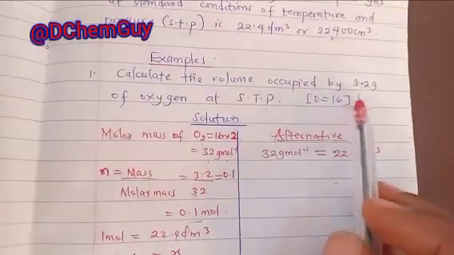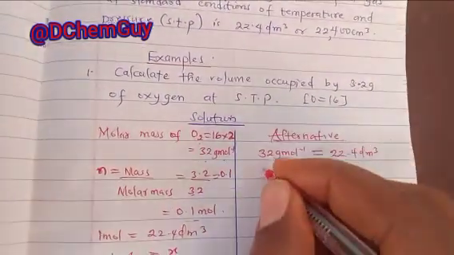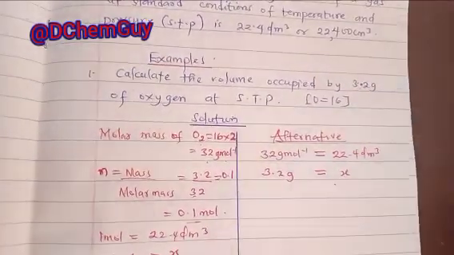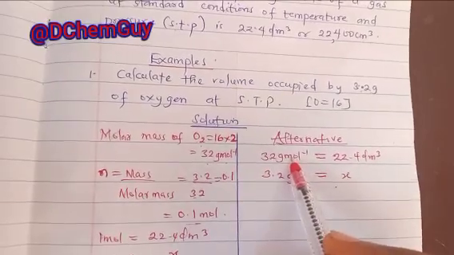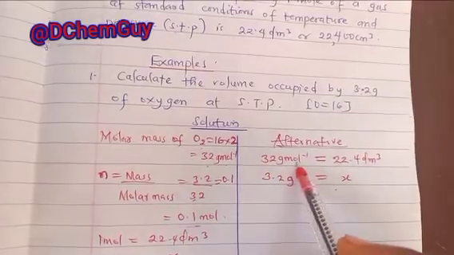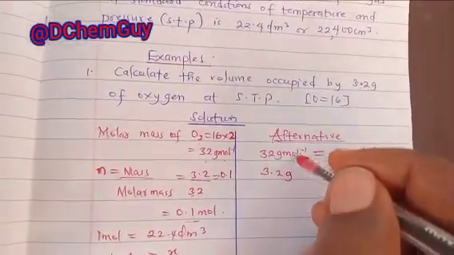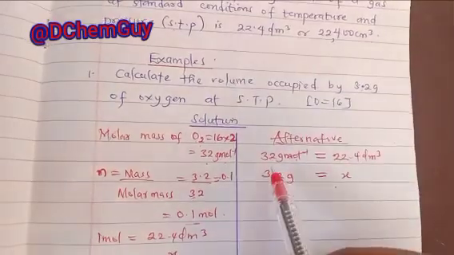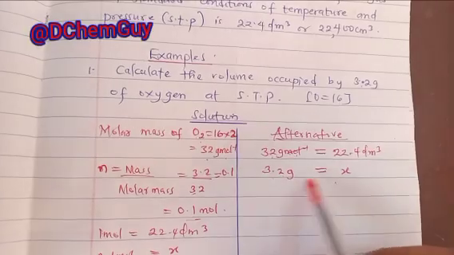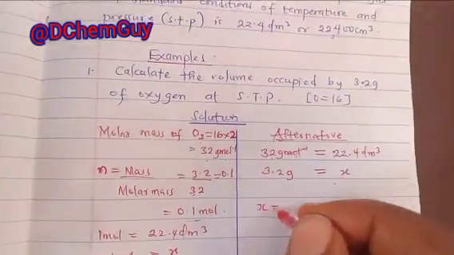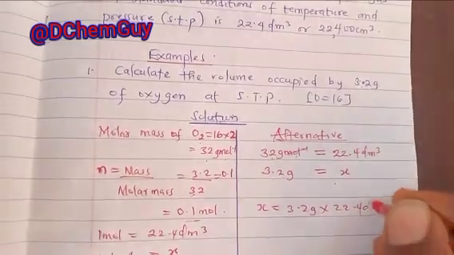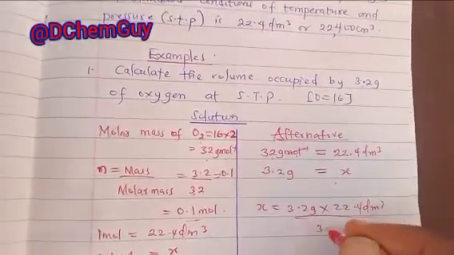Now, what mass were you given here? 3.2 gram. So the 3.2 gram will occupy x. But you don't have to put per mole here, because we've already converted it to gram, so you can strike that out. You are left with 32 gram equals 22.4 dm³, then 3.2 gram equals x. Making x the subject of the formula, you have x equals 3.2 gram times 22.4 dm³ over 32 gram.